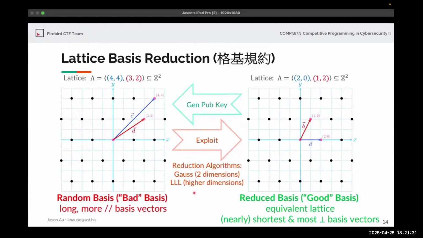And for higher dimensions, we will use an extension of the Gaussian reduction, called the LLL algorithm. This process will give us a reduced basis, with an equivalent lattice to the more complex one, but a nearly shortest and most perpendicular basis for us.